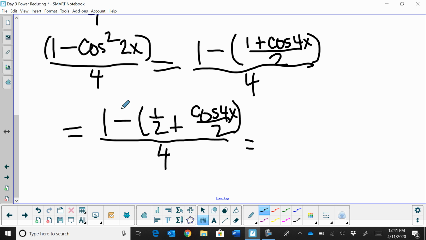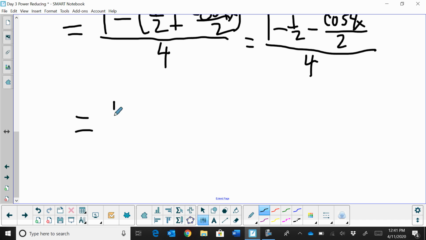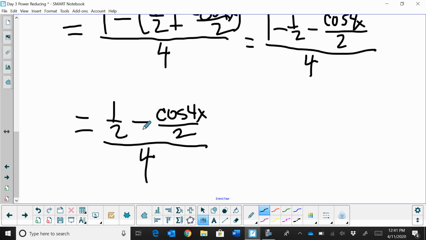Then from here, I've got to distribute this negative in, and that's going to give me 1 minus 1/2 minus cosine 4x all over 2. And that whole thing is all over 4. Well, 1 minus 1/2, that's just going to be 1/2. Minus cosine of 4x all over 2, all over 4. Now, we could do the keep change flip, so let's multiply by the reciprocal.